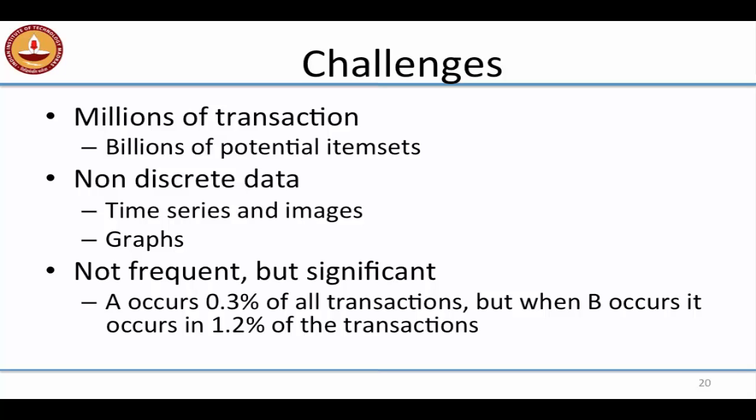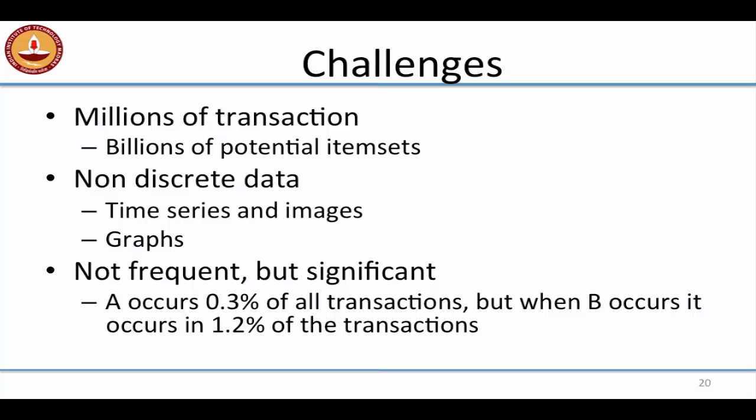Frequent pattern mining in graphs is a very important topic which is used in diverse areas like drug discovery and social influence prediction and so on. Can you leverage the structure, or can you make computation more efficient on such structured data? That is something which is a very active area of research and exploration.